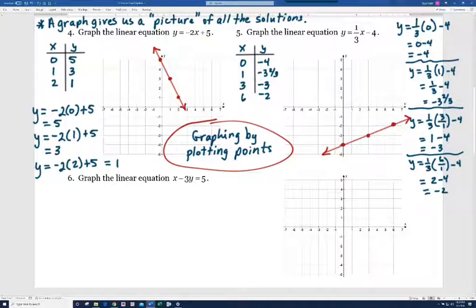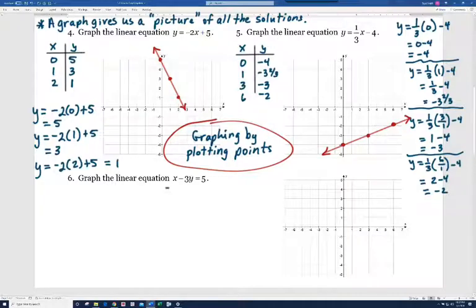What we're doing when we use the table of values to graph is what's called graphing by plotting points. And so that is the technique we're using. It turns out there's a better way to graph linear equations most of the time, but graphing by plotting points is a technique that we need to master because it's going to be very helpful with all sorts of different types of equations, not just linear.